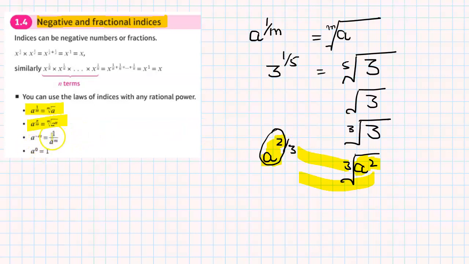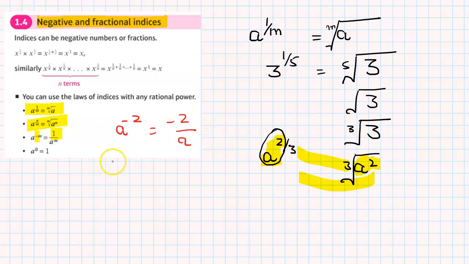A to the power minus m is 1 over a to the power m. This minus sign will change only to 1 over. Don't make the mistake of writing, if it is a to the power minus 2, minus 2 over a.